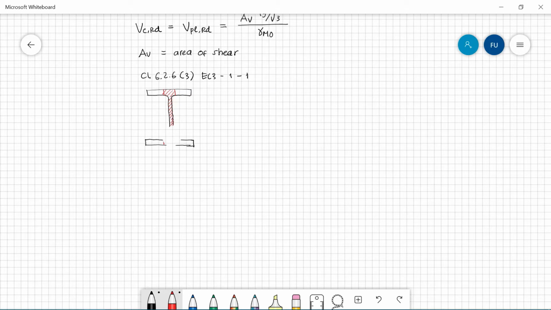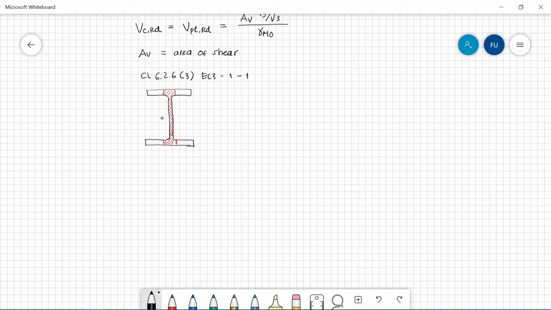So from this diagram, it can be very clear that the shear resistance is controlled by the web.